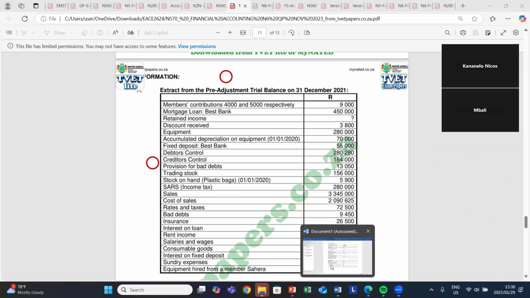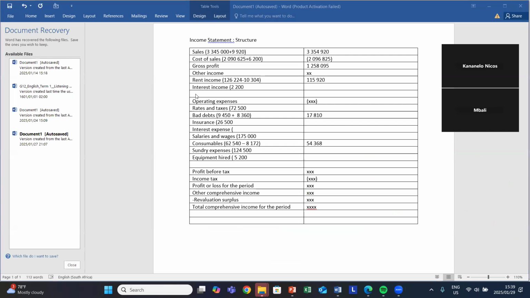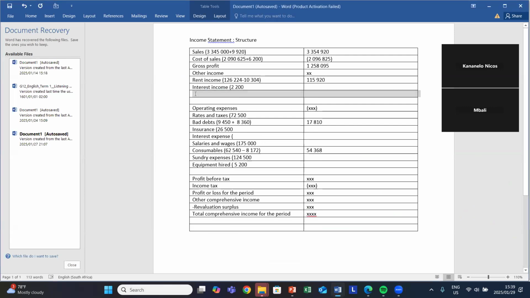In our income, you should have an item called provision for bad debts adjustment. You said that you found how much? 2,570.